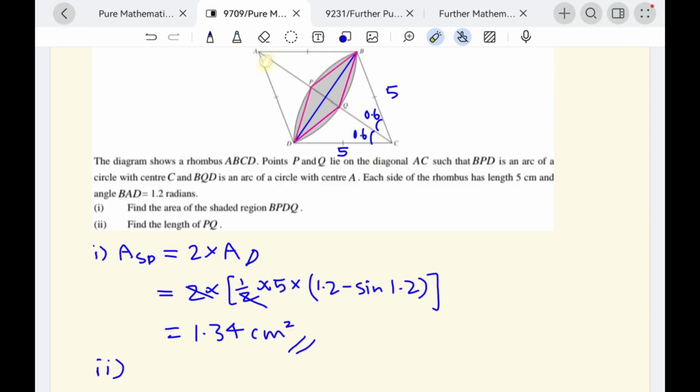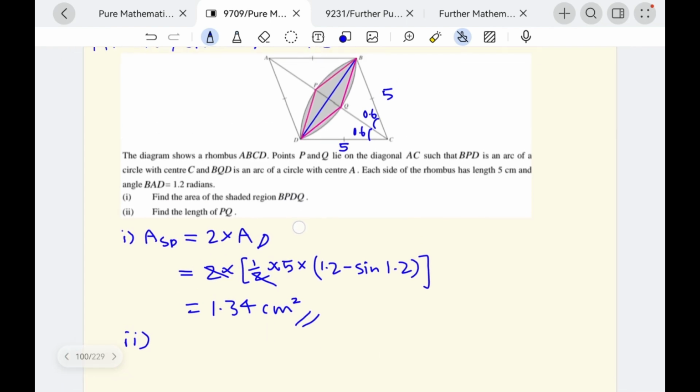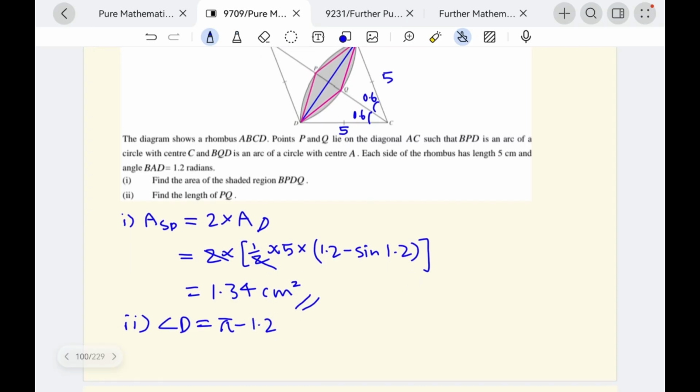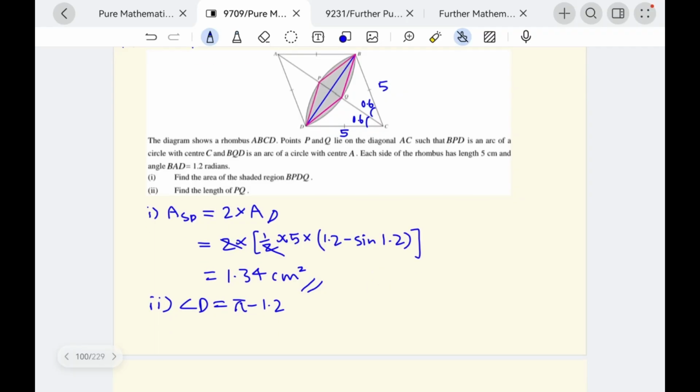Since this is 0.6 as well as here, this angle must be pi minus twice of this, because these two angles are identical. So you can state that the angle at D is pi minus 1.2 radians, of course. So here is your 1.2 radians, right?